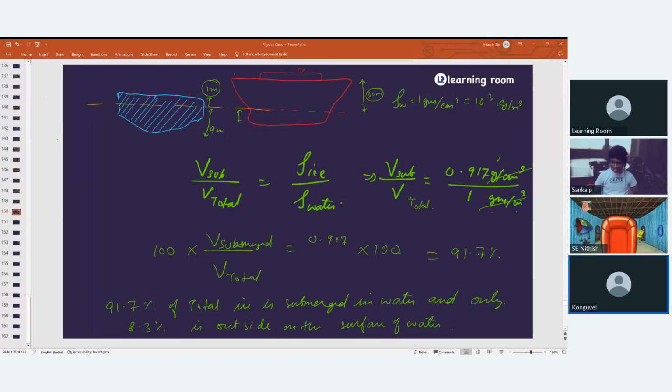Learning room, right, sir? Not school, right? Sir, Nitish is going to send the school one. One second, sir, I'll send it to you. Yes, sir, I have it. I'll send it. Sankalp, no need. I got it. I think I can attach a PDF. Yes, sir, I'll send it. Yes, sir, I got it.